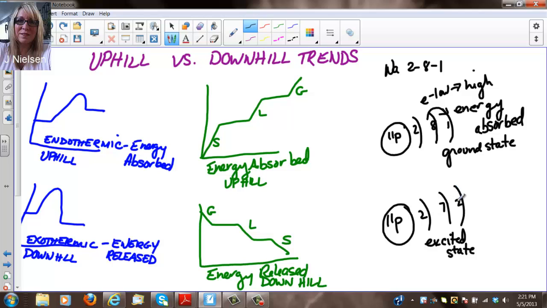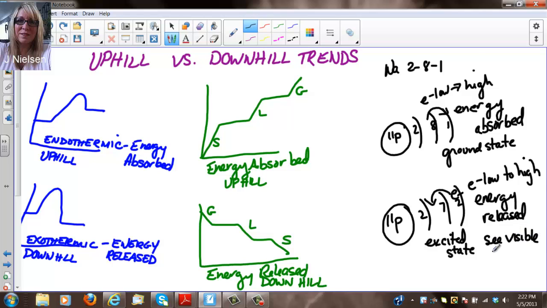When this electron goes from here back down, so the electron goes from high to low, or downhill, energy is released. And that's when we see the visible spectrum. That's when we see the colored lights.